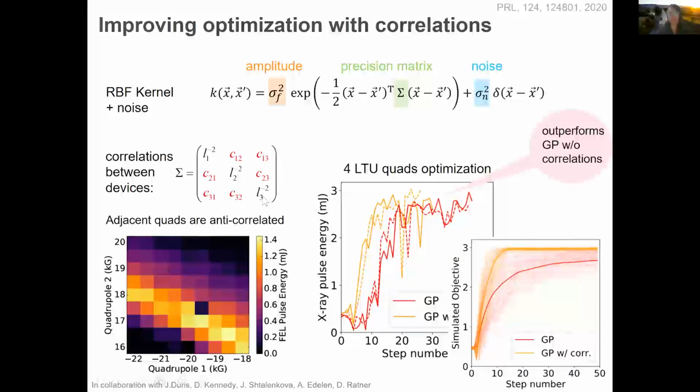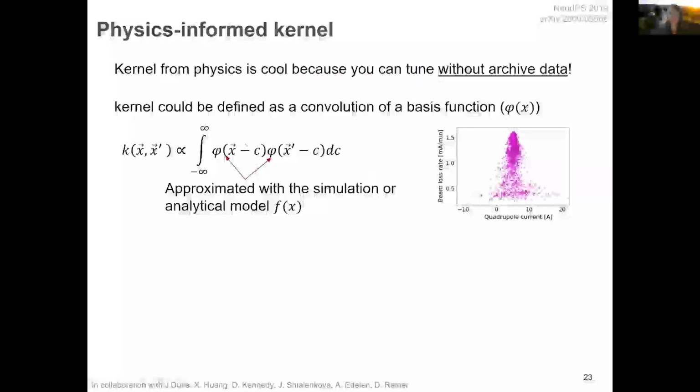So the question is, can we tune both length scales and correlations from simulation in a faster way? And this is what we call a physics-informed kernel. And this is cool because we don't need any archive data. So this could be suitable for new machines where data is not available.